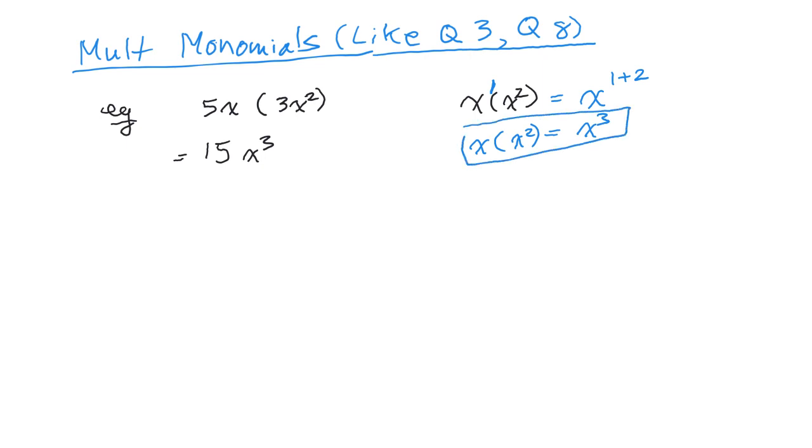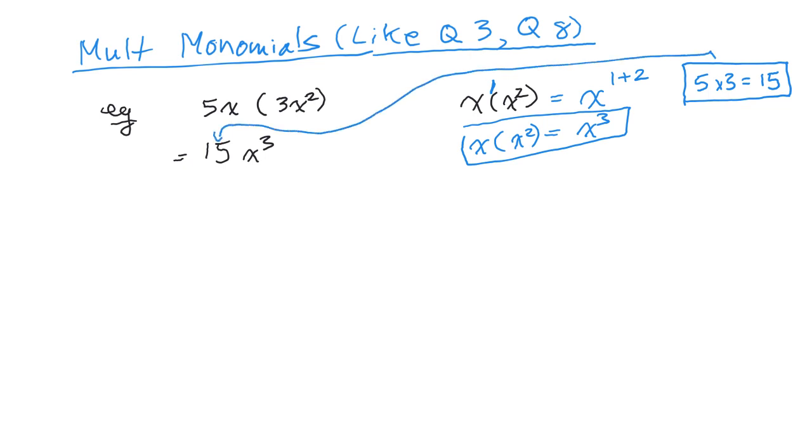Now, for the second half of the problem, you have to take 5 and multiply it by 3 to get the coefficient in front, which ends up being 15. And that is where we get these numbers. So this goes to here, and then this part changes to this. Okay?